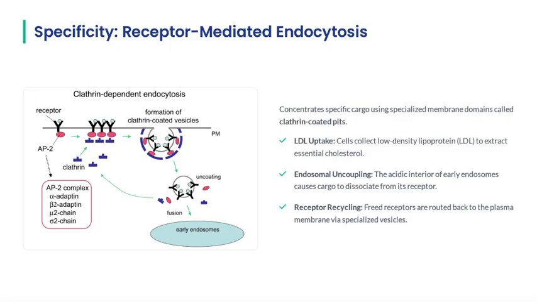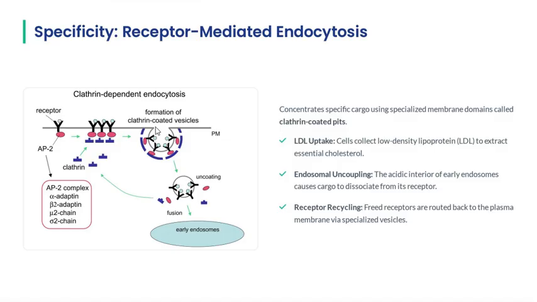And then finally we have receptor recycling, where freed receptors are routed back to the plasma membrane via specialized vesicles. So we have a demonstration right here of clathrin-dependent endocytosis, where we have the receptors here.